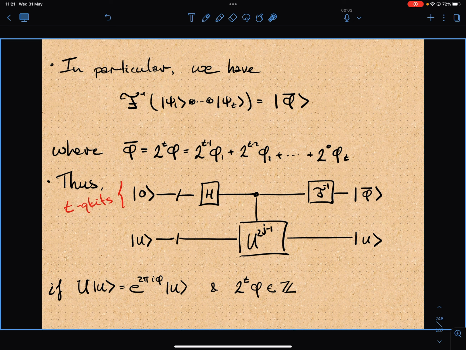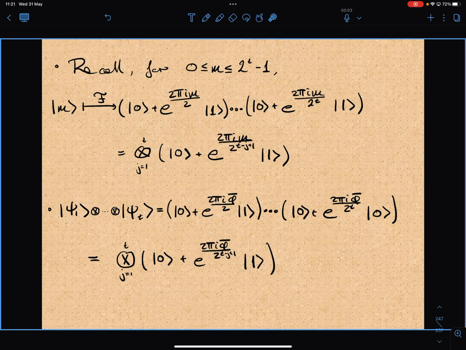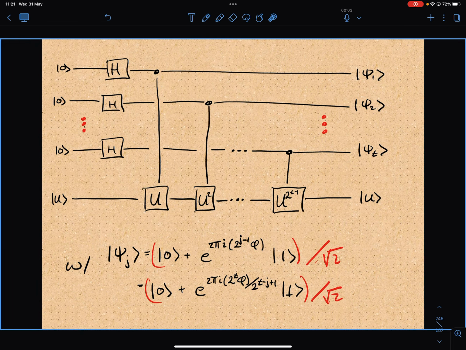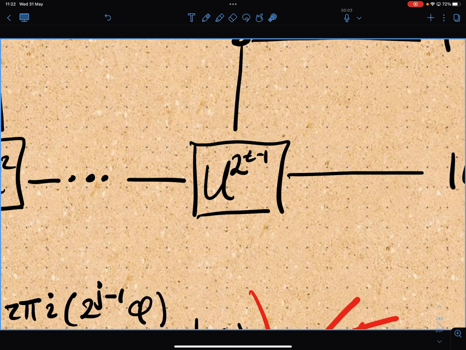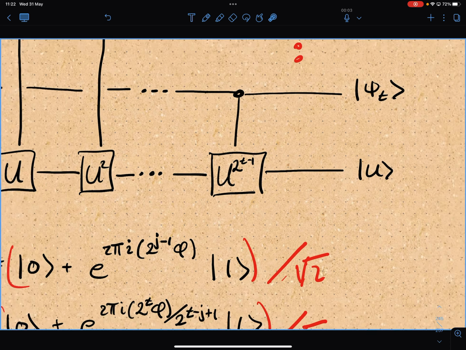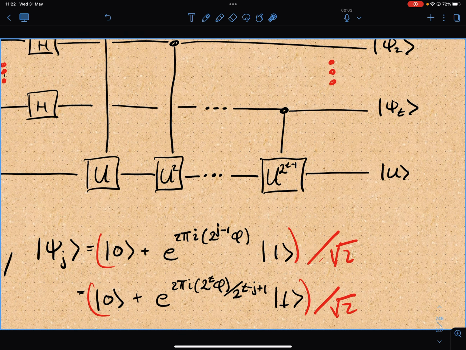Right. Benjamin? So is it U to the 2j minus 1, or U to the 2 to the j minus 1? The exponent is j minus 1. Oh. Is it j there, or is that a t? That's the last one. That's a t, because that's the last one. And it's increasing by powers of 2.